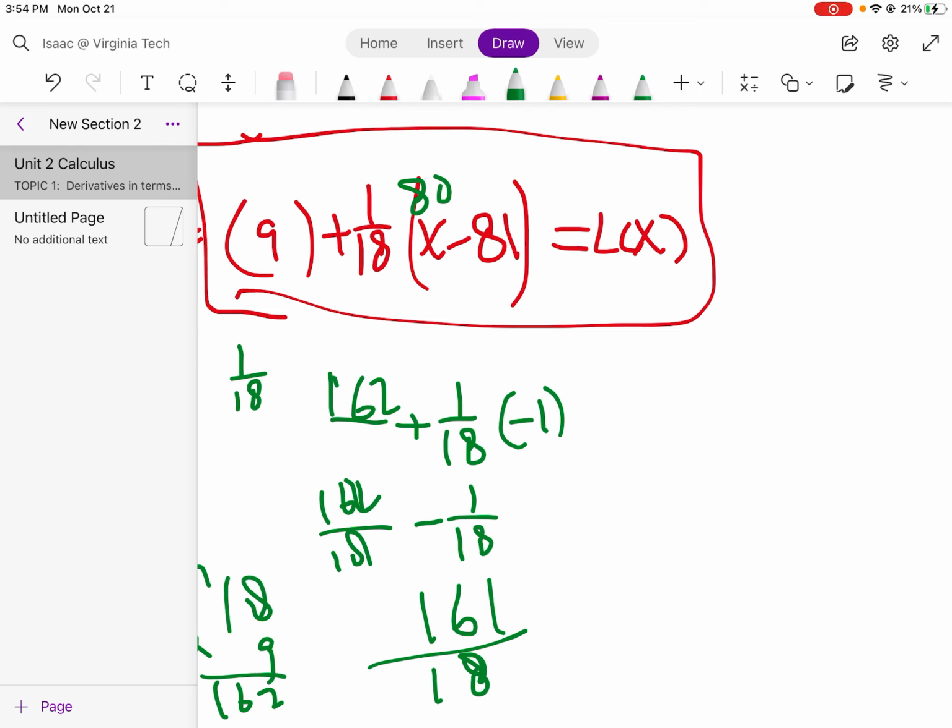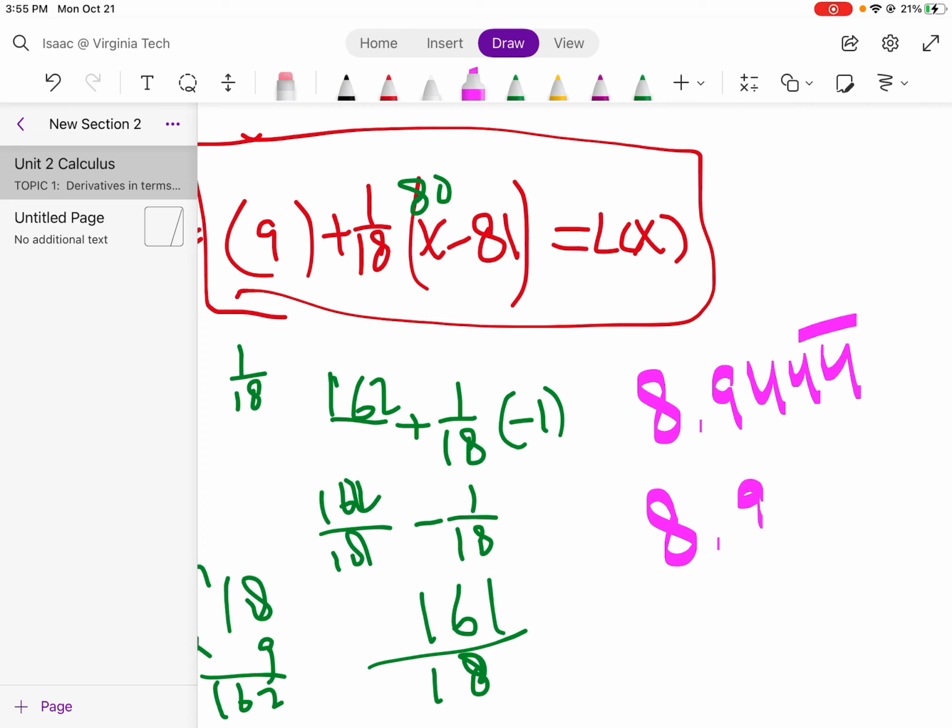Okay, now I'll do the square root of 80. That is 8.9442. So the difference is, I said our answer with linearization was 8.9444 repeating. The actual answer to square root of 80 is 8.9442, actually rounding to 443.